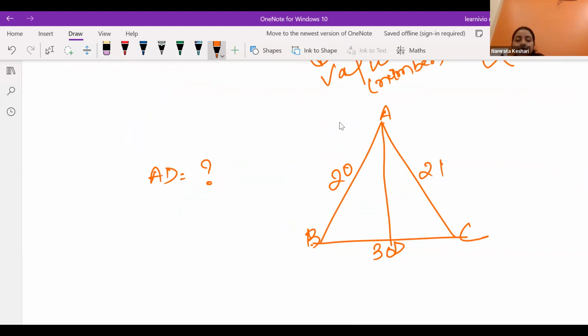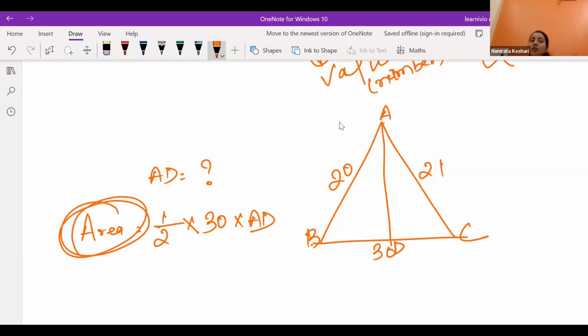The approach for this type of question is to find the area by Heron's formula first, since all three sides are known. Then use that area in the formula: area equals 1 by 2 into base 30 into height AD. Put the number you found by Heron's formula over here, and you will end up getting AD. Everyone understanding it?